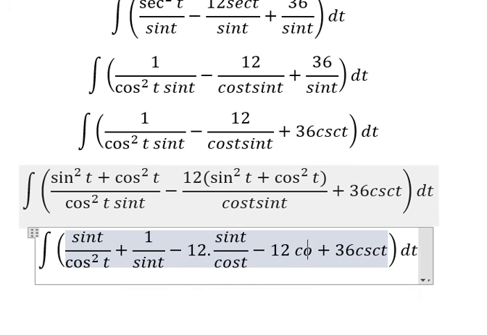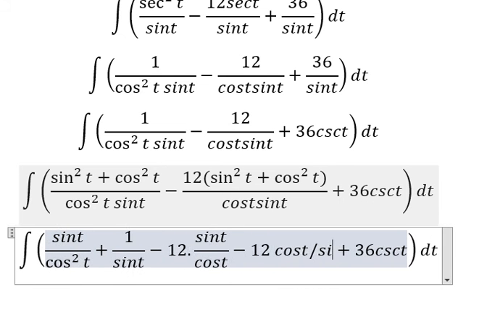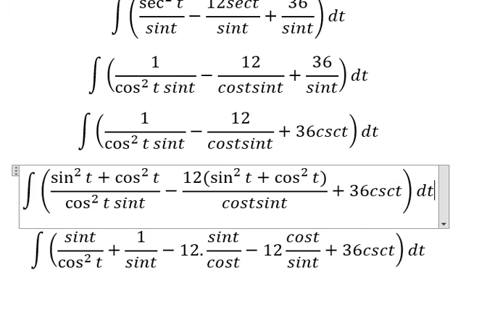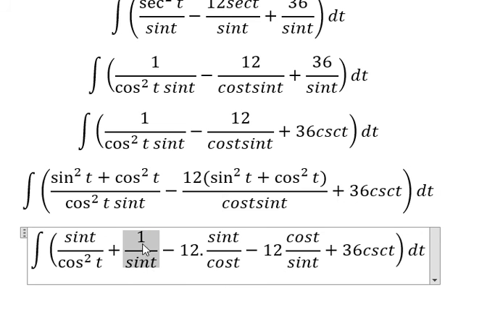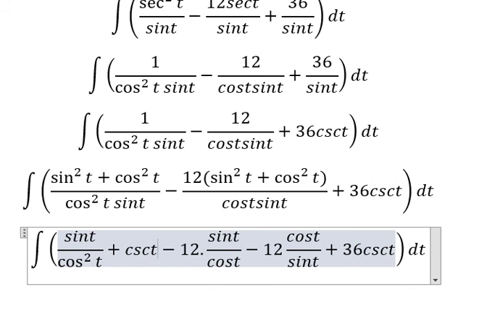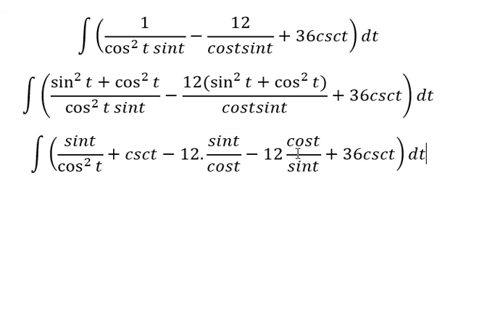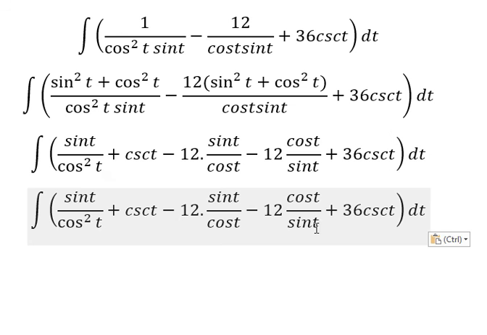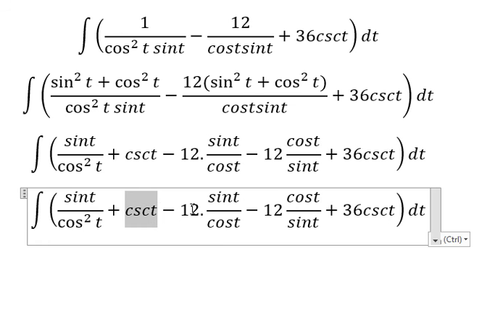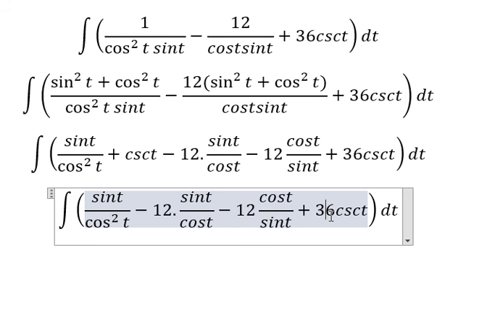Next you get cosine t over sine t. And we know that 1 over sine t is cosecant of t. Now we have cosecant of t and cosecant of t. We sum them together and you get 37.